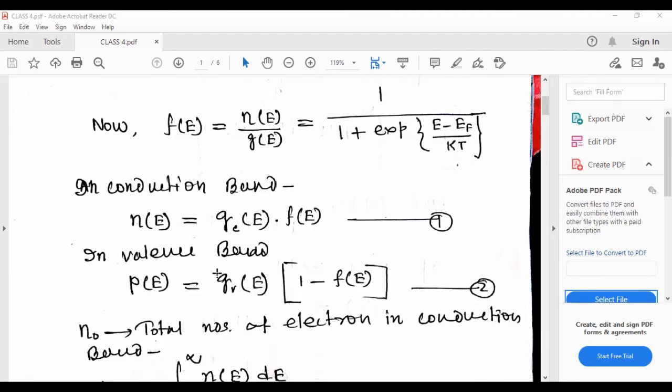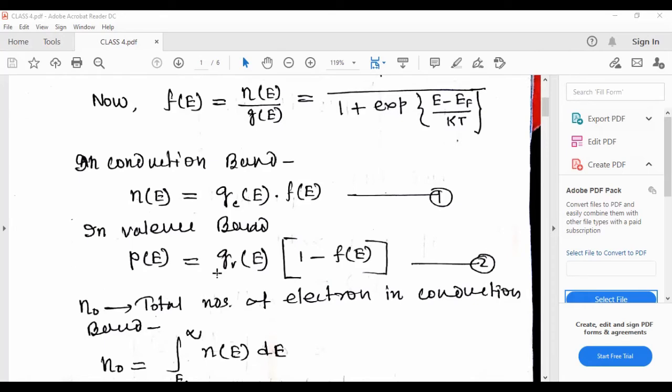Now the same thing for the valence band is P of E. P of E is the number of holes occupying the energy states between E and E plus dE. Gv of E is the density of state of the valence band, multiplied by 1 minus f of E. If the occupation probability of the conduction band is f of E, then the occupation probability of the valence band should be 1 minus f of E, because some electrons will move from the valence band to the conduction band, and only then is conduction possible.